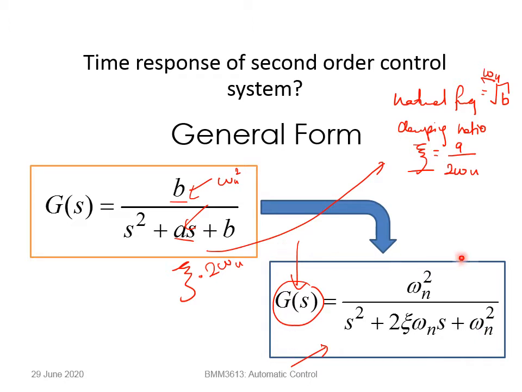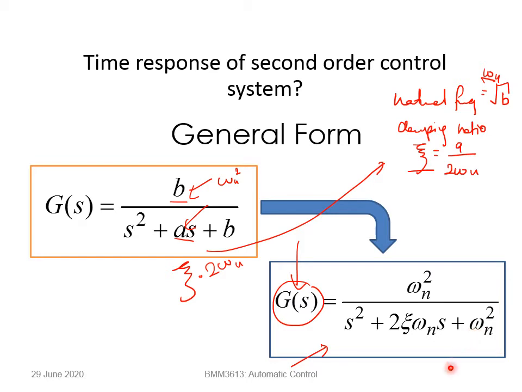This is a very interesting way of writing, because just by looking at this transfer function, which is now written in omega n and zeta, natural frequency and damping ratio, you can directly pre-evaluate the time response that you will have, because you can see directly what the damping ratio and natural frequency are. If omega n is very high, it means there is a lot of oscillation.